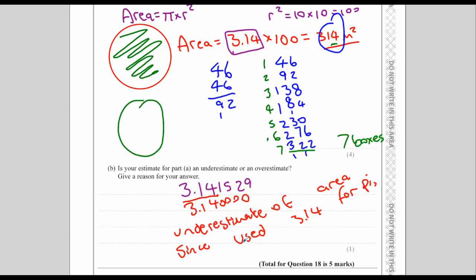Now the reason I don't like it is even if we did use 3.141, 7 boxes would still be enough. Okay, but the examiner's trying to get you to see that you might have done an estimate. And we could have even used 3 for pi, which would have made it even more of an underestimate.